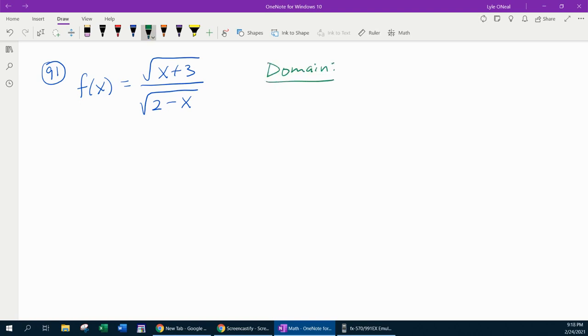So if you're going to find the domain, that means the values that x can be, you're going to have to gather together all of the restrictions and then look at what x can't be to determine what x can be.